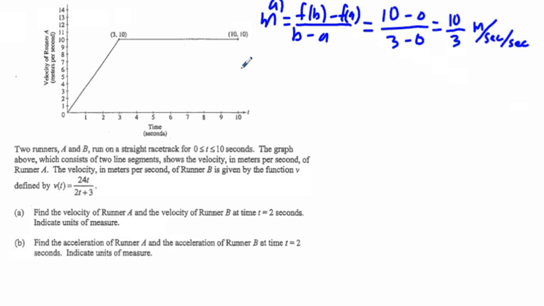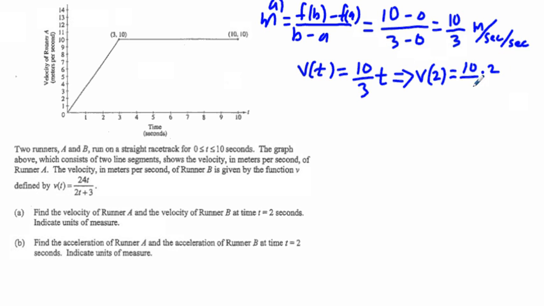So that's our slope. And our function is going to be v of t is equal to our slope, which is 10 thirds, times our time. So therefore, if we have v of 2 seconds, we can plug in 2 in the place of t.